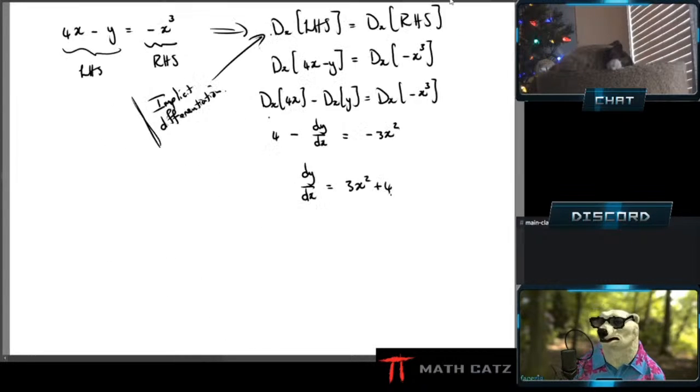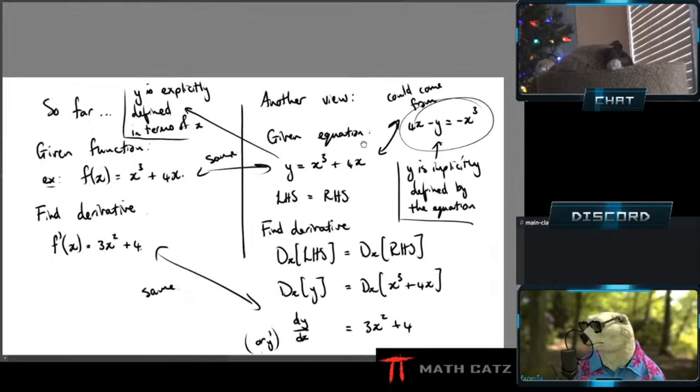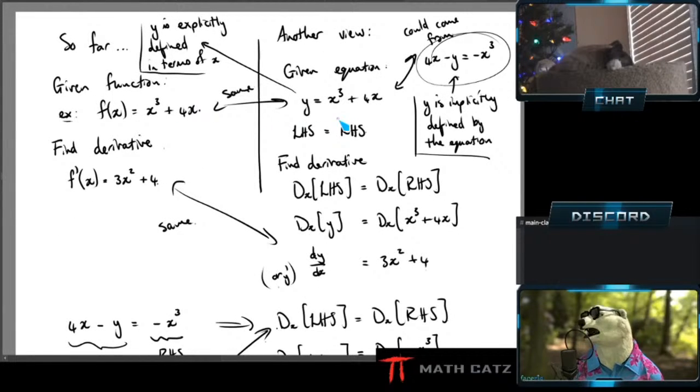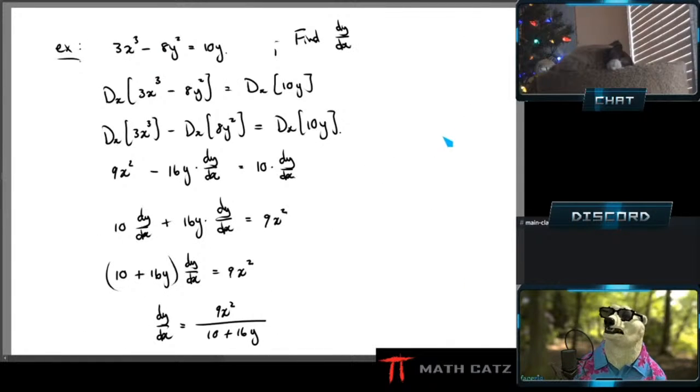Even if I have a super simple function, implicit differentiation is still going to get me there. It's not new. It's just expanding my technique for finding a derivative. So no harm done with implicit differentiation.